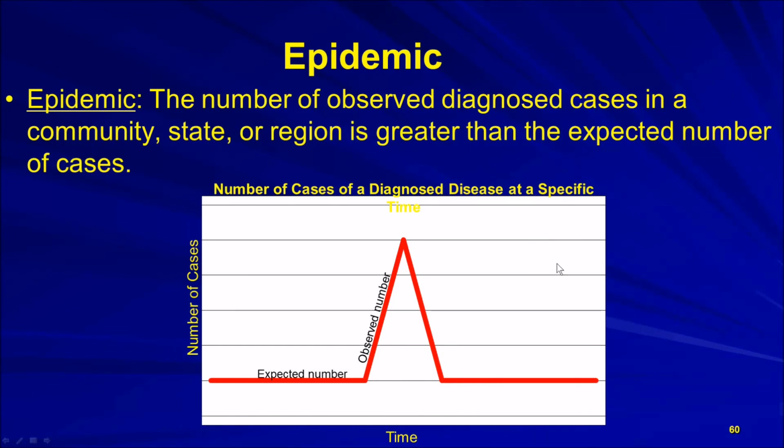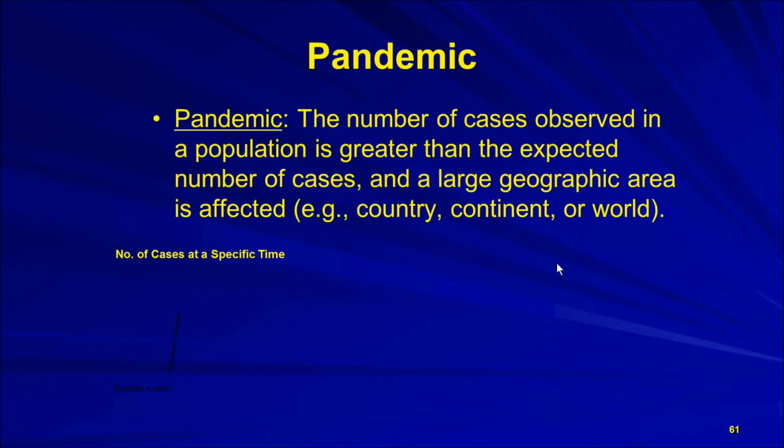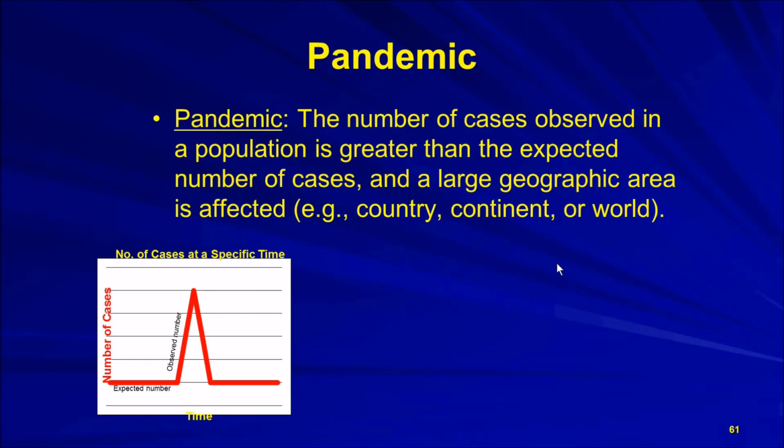Now let me give you another one. Okay, here's a pandemic. All right, and pandemic has to do with a country, a continent, or the world. So that's what you want to focus on. And you can see that the observed is greater than the expected endemic state, still part of the definition of an outbreak, an epidemic, and a pandemic.